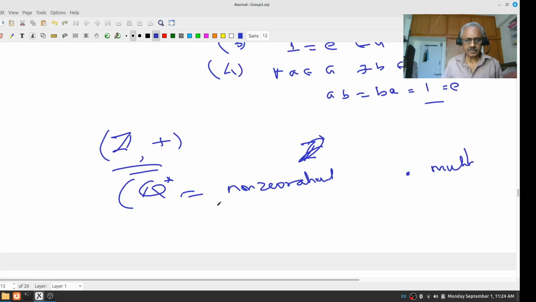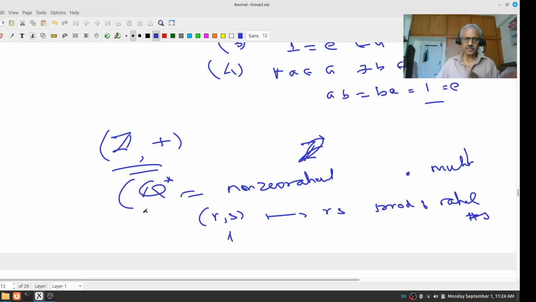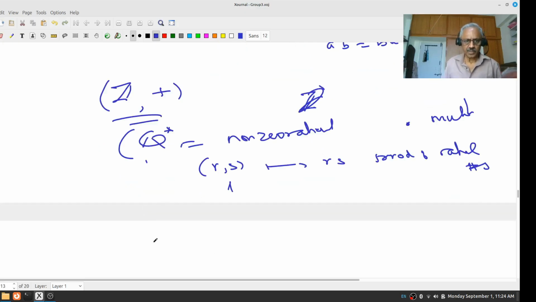That means the group operation, if two rational numbers are given, is the ordinary product of rational numbers, and 1 is the usual one. We know it has all the properties. If r is p by q in the lowest terms, then r inverse is q by p.